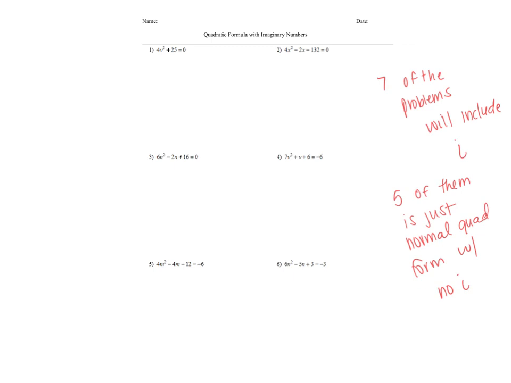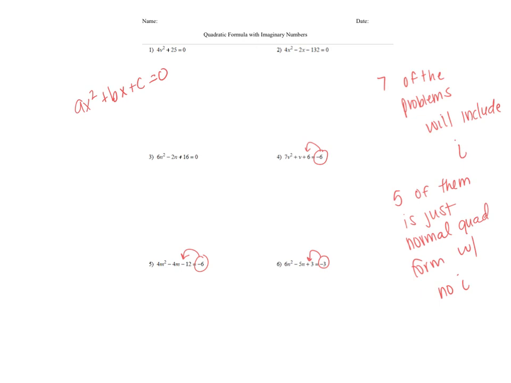Okay? Now, this is important to make sure that we are moving things. If this is not set equal to 0, we need to be moving things. I cannot start using the quadratic formula if I am not set to standard form, which is ax squared plus bx plus c equals 0.